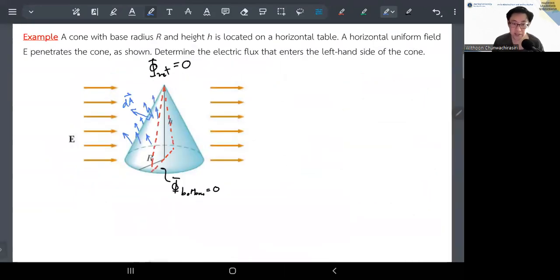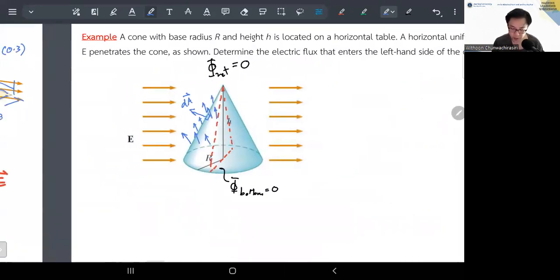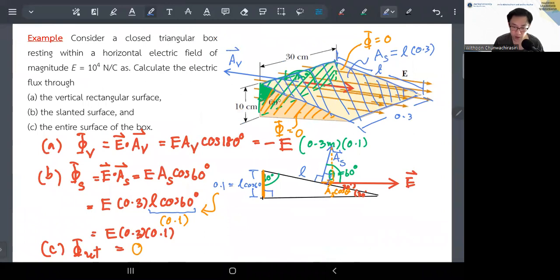All right, and this is the explanation I really want to show you. Go back one problem. Look at this one. If you still remember when we were doing the slanted surface, let me highlight this one in black. When you look sideways, the electric field is going in the horizontal direction. The area vector of the slanted surface is going to point perpendicular to it.